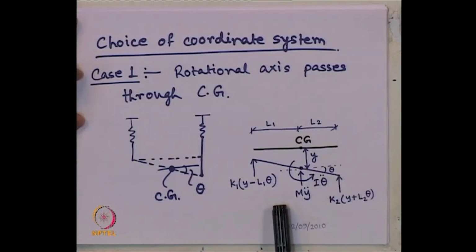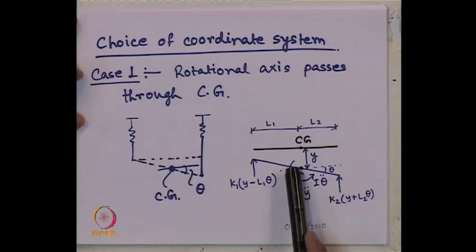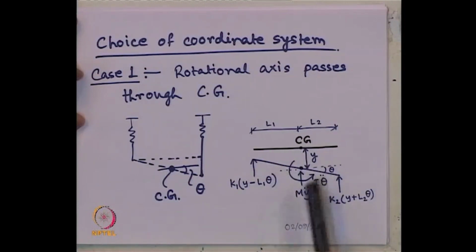So, the corresponding forces acting on the beam are the inertia force m y double dot, because of the vertical displacement, the corresponding acceleration is y double dot. So, inertia force is m y double dot, and because of rotation the rotational inertia force is I theta double dot. Okay?